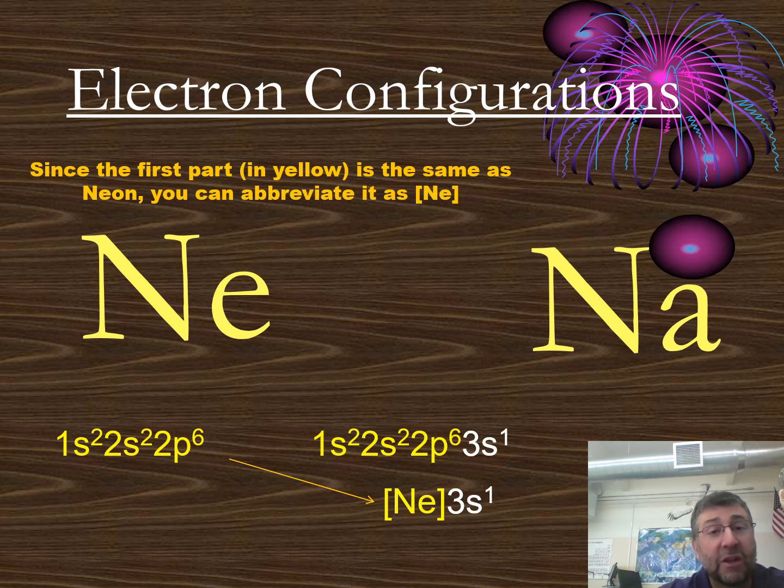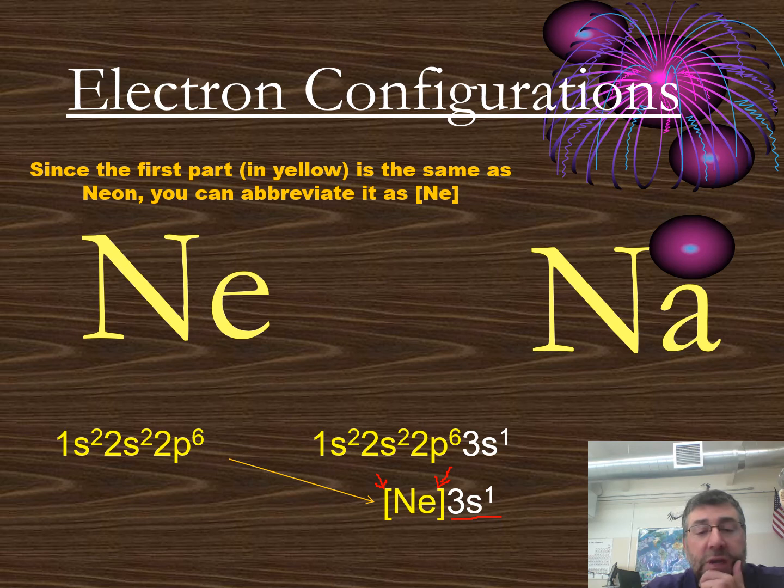We say that that's the noble gas configuration because that column there is called the noble gases. We put a bracket, which is this symbol right here. We're going to put a bracket around neon, and we're just going to add what's new, 3s1. So sodium is going to be [Ne] 3s1.